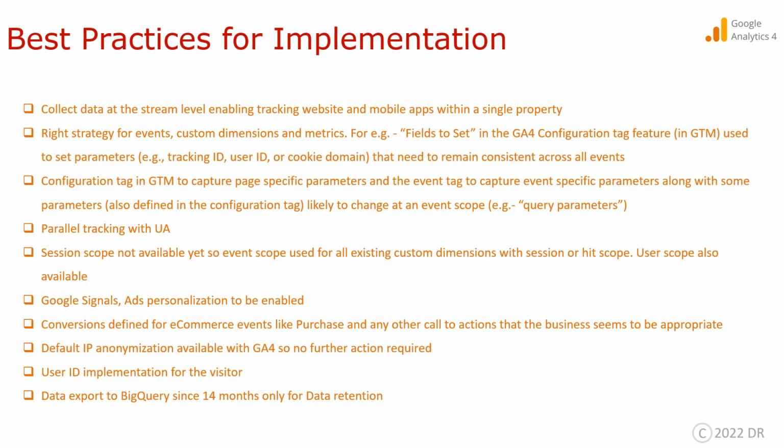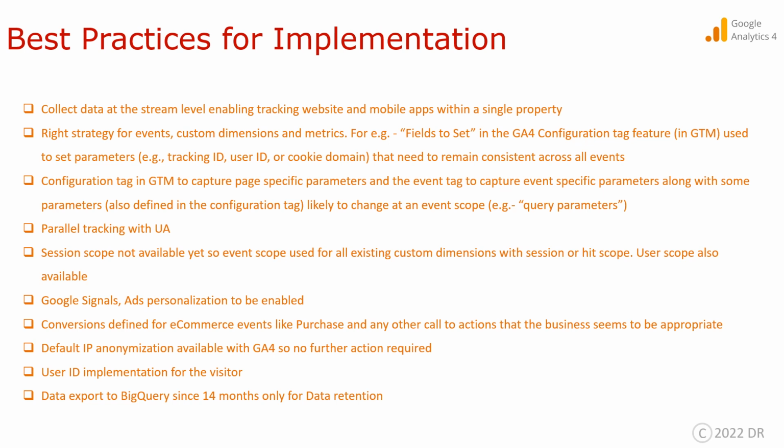In the event tag, you should capture event specific parameters, right? So that is the whole idea. Whatever you think will change at an event scope, you should add it in the event tag, like query parameters, right? And whatever you think should remain consistent, that you should have in the config tag. So that is the whole idea.